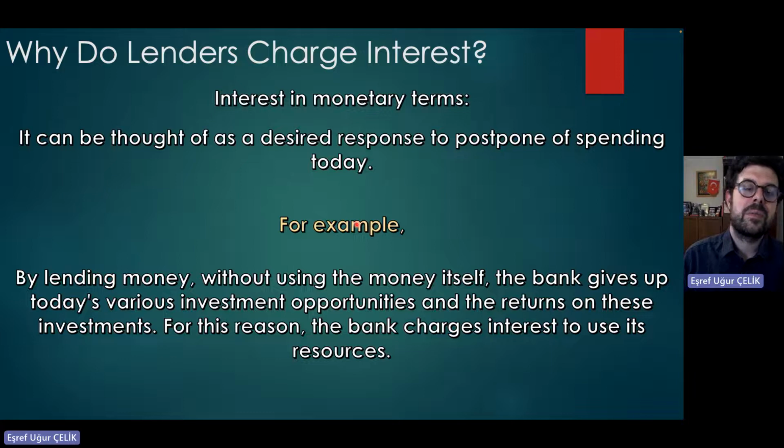We can use the bank's money. That means the bank gives up their money, and they give up their investments or other things. So they have to demand some interest, or more money, from us. That is called the interest process in monetary terms.